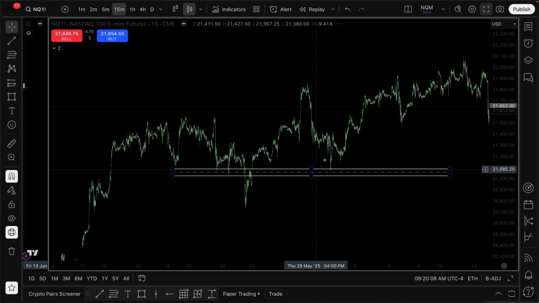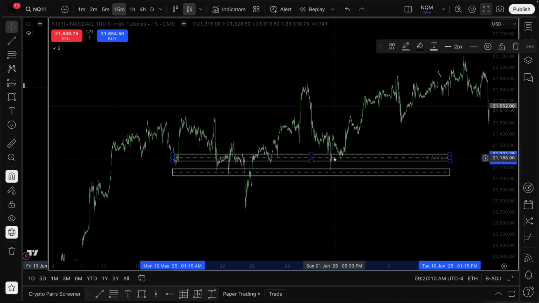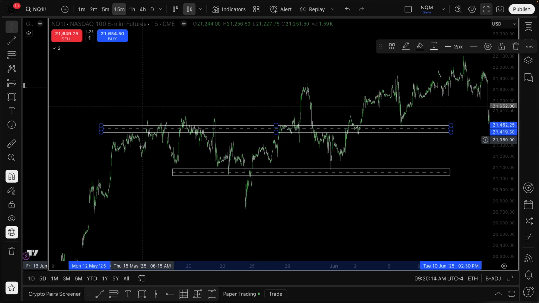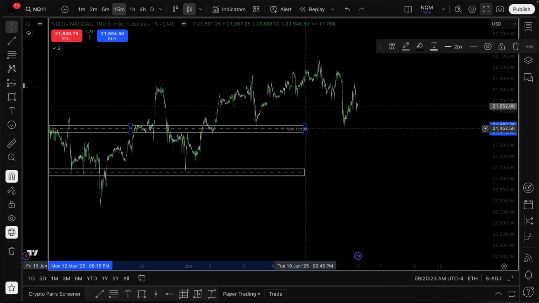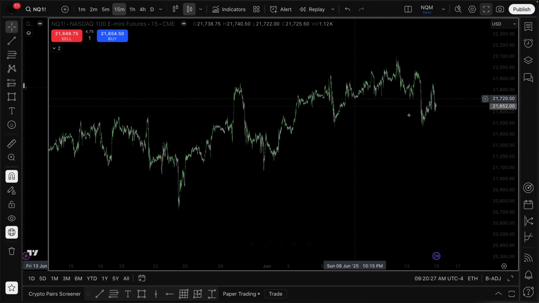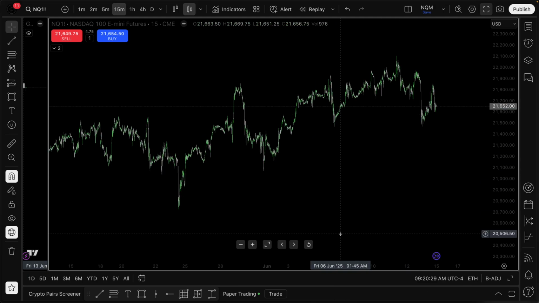I'm going to explain why this is not support. This is resistance, it was resistance all this way, and then once it broke out, this became support. You could hypothetically say that, but it's not as simple as that, and this is what I'm here to talk to you about.